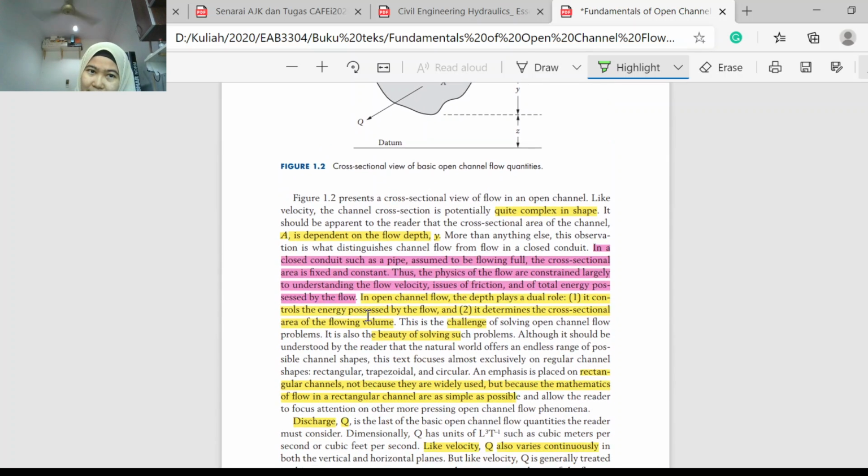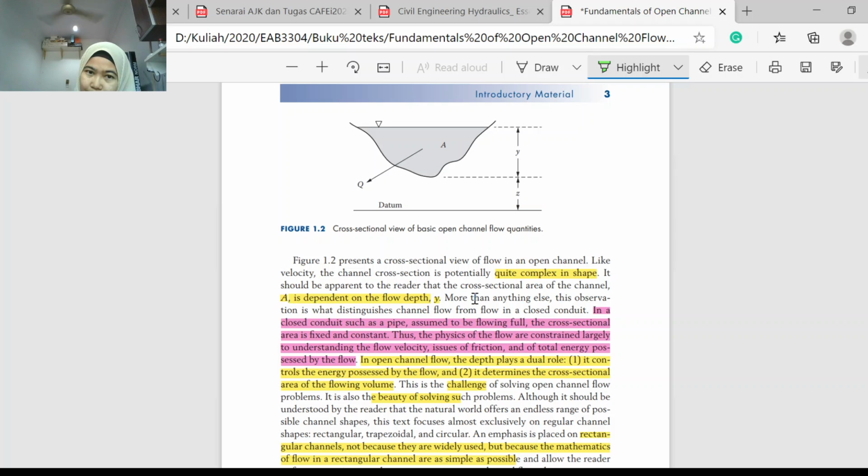Let's see, this is figure 1.2. This presents a cross-sectional view of flow in an open channel. This is totally different from pipe flow, because in pipe flow you always have a circular or maybe rectangular pipe, but normally only circular, and the A is fixed, right?